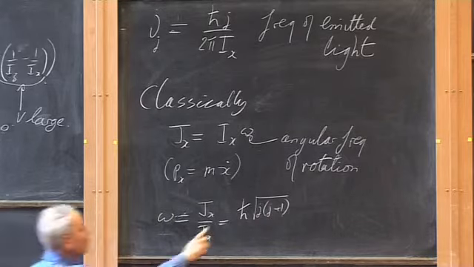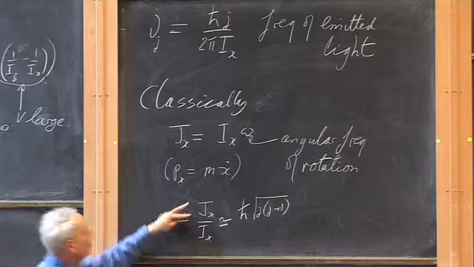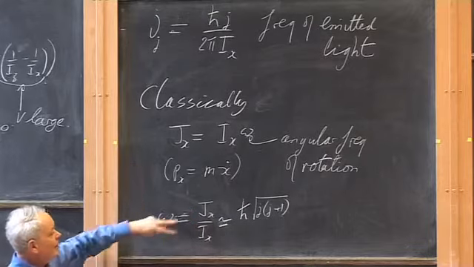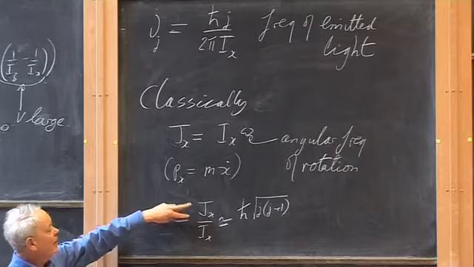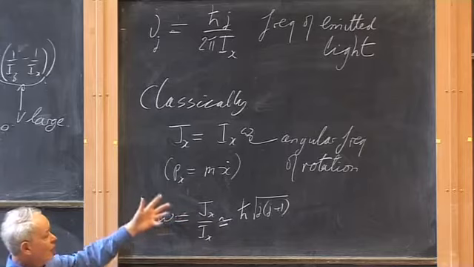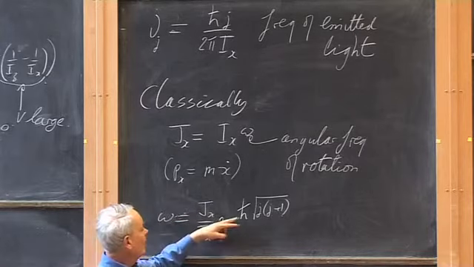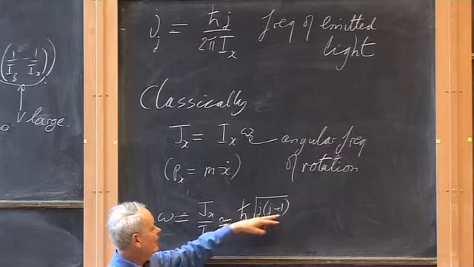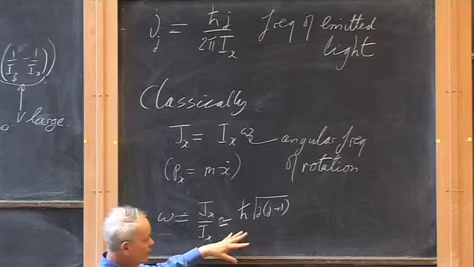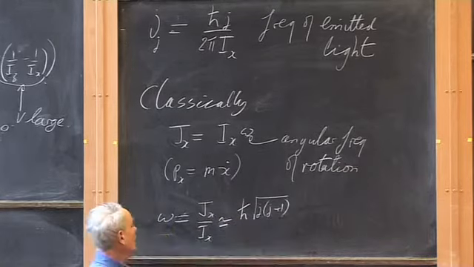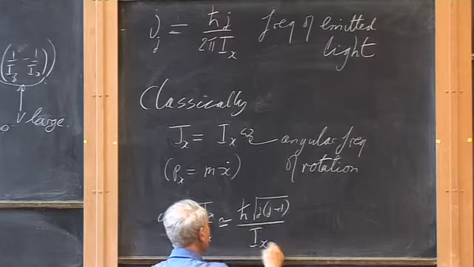This is a heuristic sort of thing. We're saying that supposing its angular momentum is along the x-axis, then Jx squared is going to be on the order of h bar squared j plus 1, which will be this. Divide through by Ix.